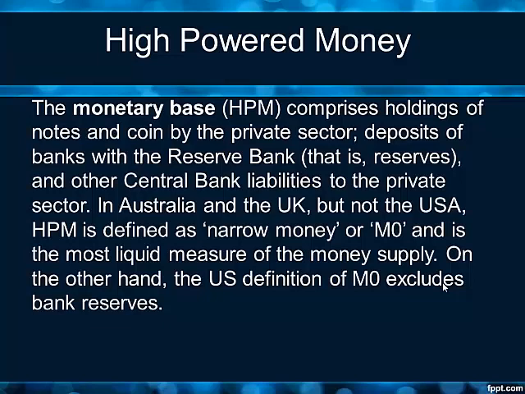Alright, so the high-powered money, HPM, is also called the monetary base. It is cash in circulation and then all of the private banks are required to keep some reserves in the central bank for reasons that we will explain.